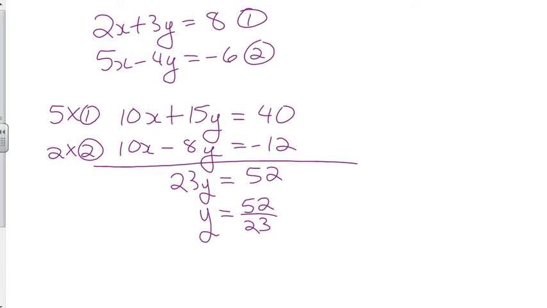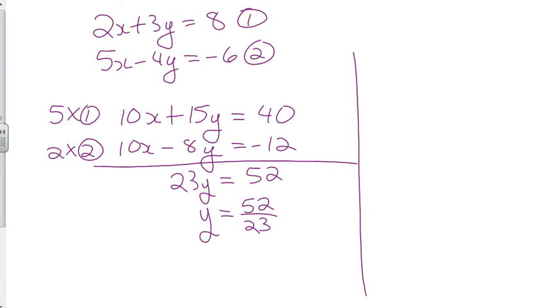It's just going to be a nice number. This is going to be an ugly fraction, and then I have to change the 8 to being over 23s. So instead, we'll do what I'm going to coin a double elimination. We'll eliminate the x, which we did, and then we will eliminate the y.